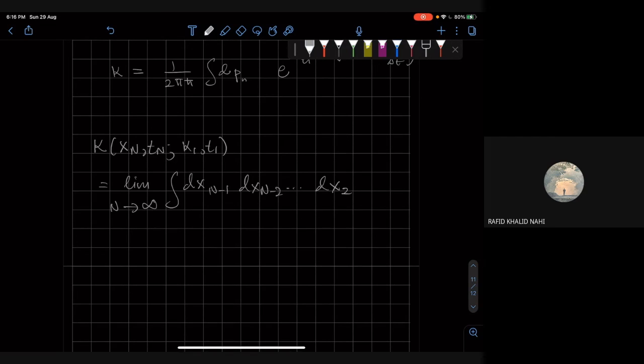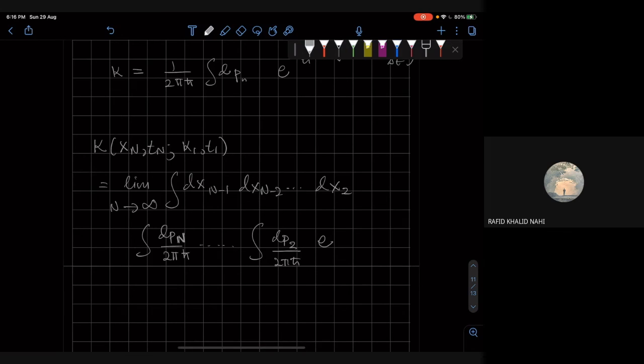But now for each of these propagators, we also get an integral over p, dp_1 by 2 pi h bar, dot dot dot. How many do we get? We get from dp_n down to dp_2. It's quite remarkable and quite important that we keep track of these numbers. Okay, and I'm going to come back to this in a moment.